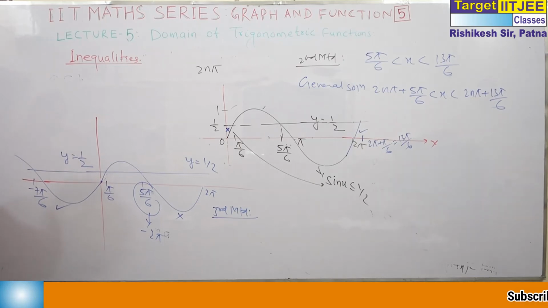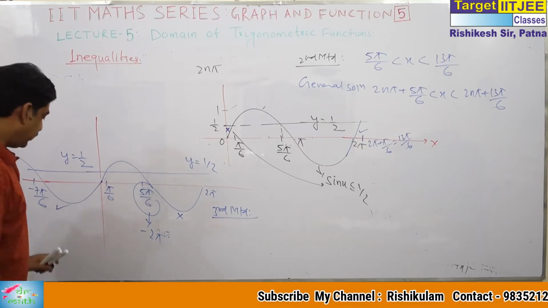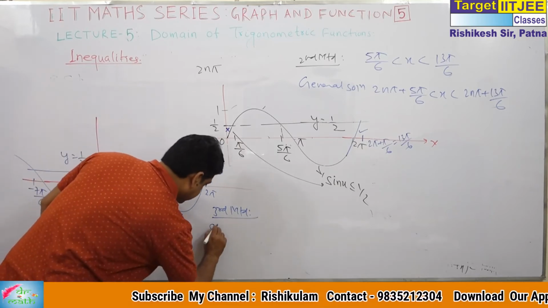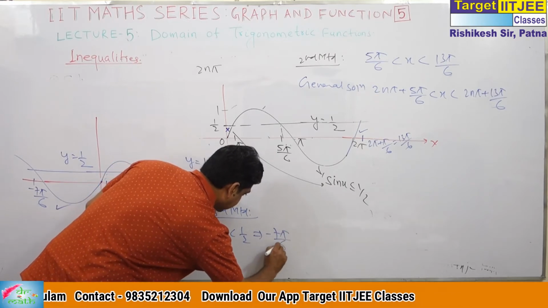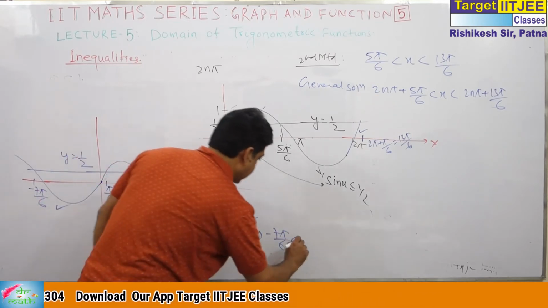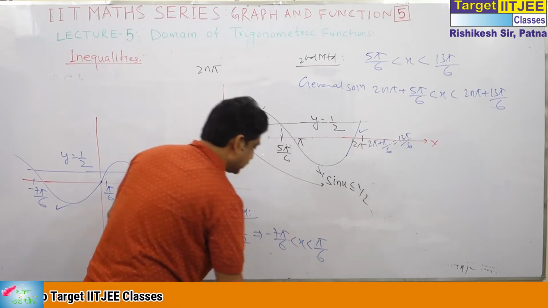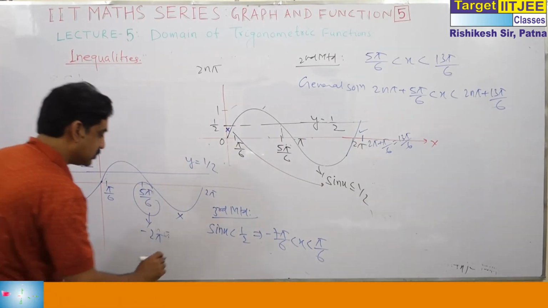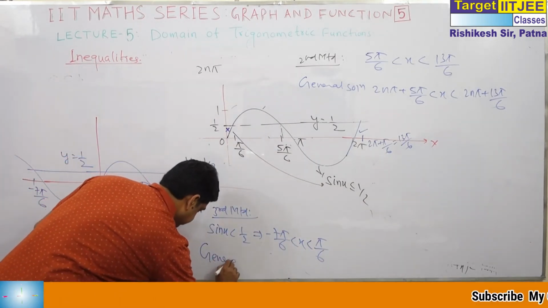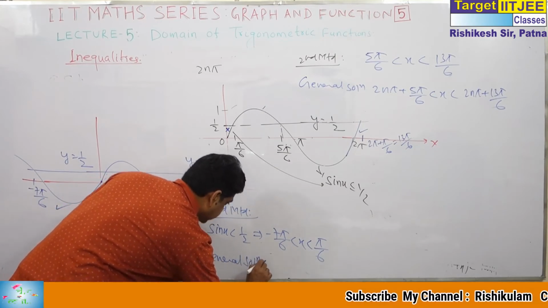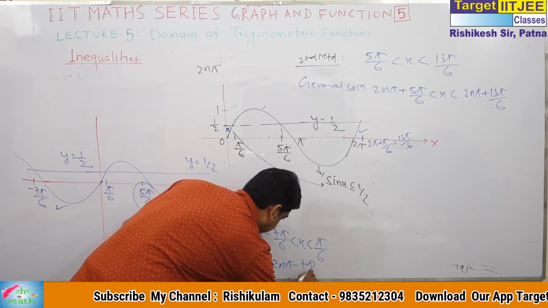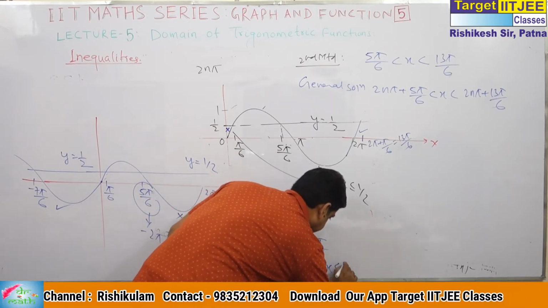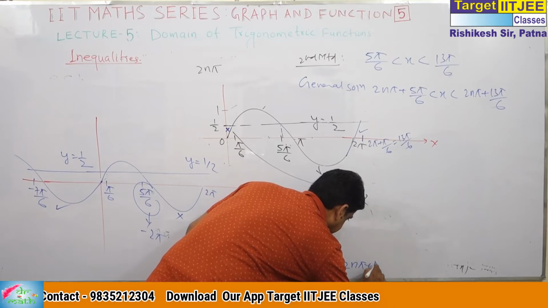So we will say that sin x less than 1 by 2 implies minus 7 pi by 6 less than x less than pi by 6. So what is the general solution? The general solution is 2n pi minus 7 pi by 6 less than x less than 2n pi plus pi by 6.